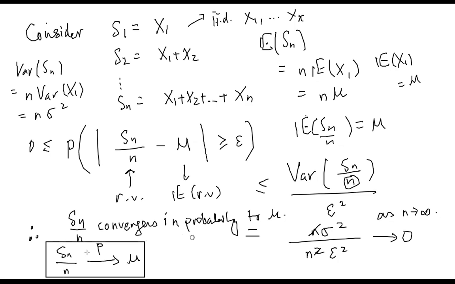When you make this statement, you have to show this technical result, yeah? And this technical result merely applies your Chebyshev's inequality, by showing that the upper bound of this quantity converges to 0. Okay. So if you notice this carefully, this is your sample mean, right?